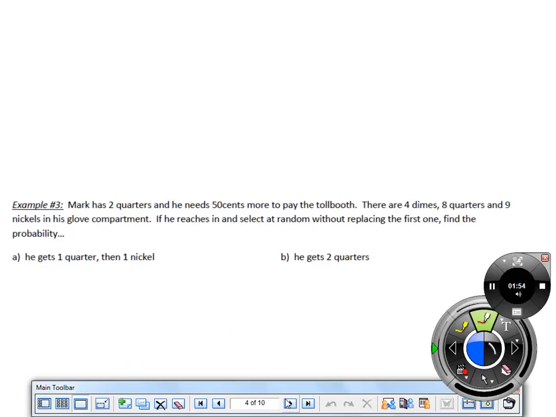All right. Mark has 2 quarters. He needs 50 cents more to pay the toll booth. There are 4 dimes, 8 quarters, and 9 nickels. So we have 4 dimes, 8 quarters, 9 nickels, and this makes a total of 21 coins. All right. So he's picking without replacing the first one. So how's he going to get 1 quarter and then 1 nickel?